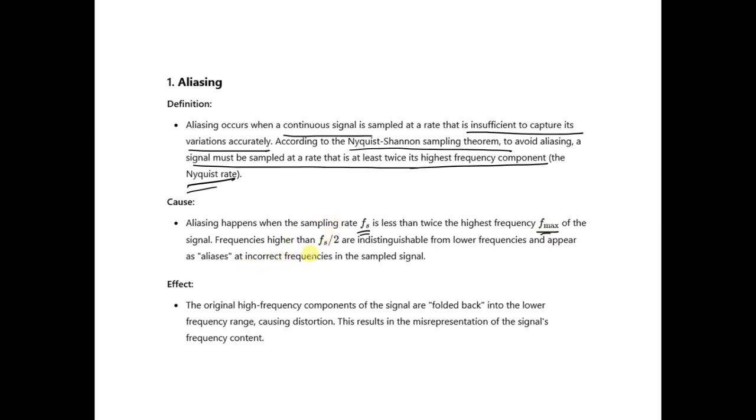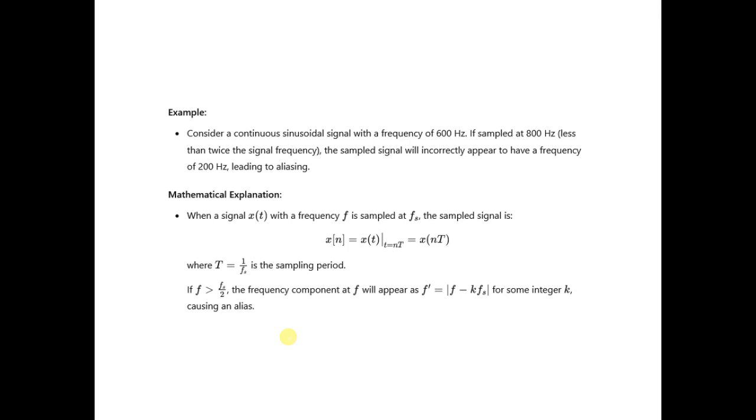The frequencies higher than Fs by 2 are indistinguishable from lower frequencies and appear as aliases at incorrect frequencies in the sampled signal. Okay. In fact, the original high frequency components of the signals are folded back into the lower frequency range, causing distortion. This results in the misrepresentation of the signal's frequency content. Okay. So, example, I have already discussed the example.